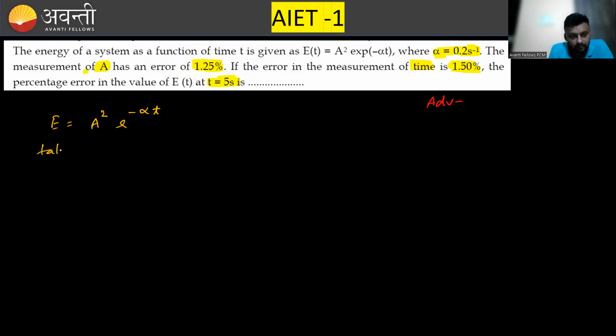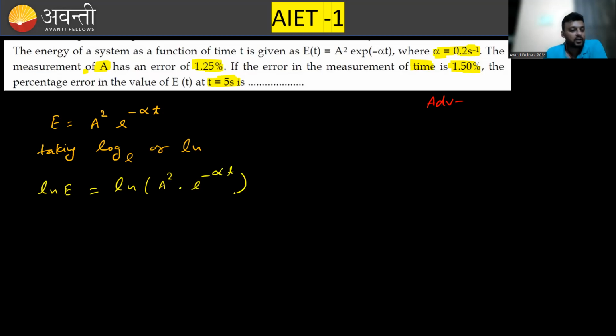So I am taking log both sides, log base e, which is nothing but ln. You know that. So this is ln E equals, now you can see that it will become ln of A squared into e raised to the power minus alpha t. Clear? So ln a into b is what? Ln a plus ln b.